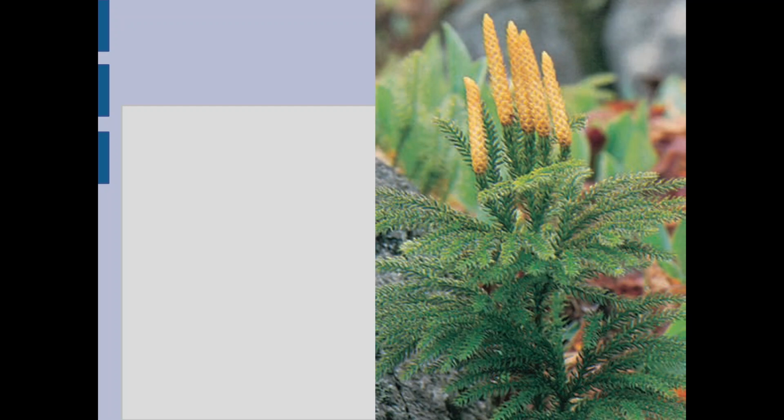All the lycophytes have microphyll leaves.